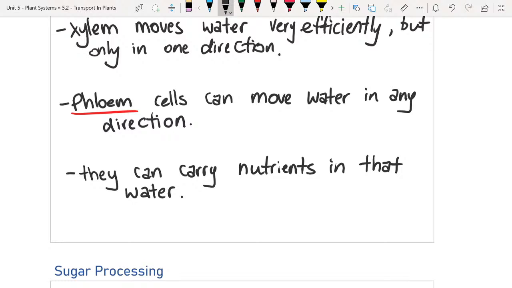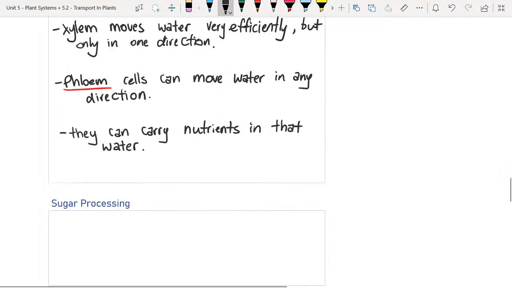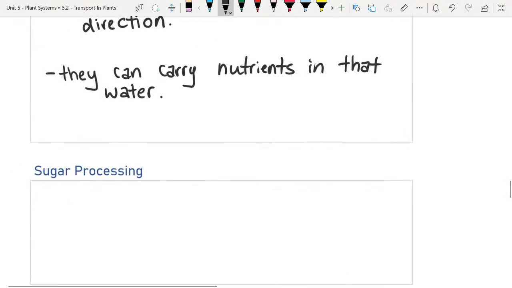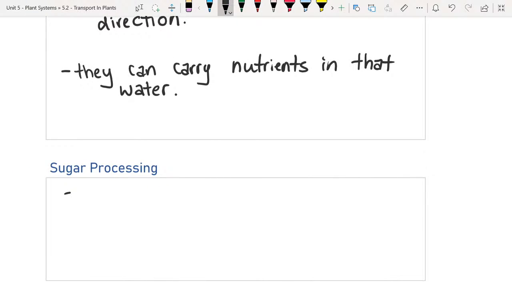And they can carry nutrients in that water. The most common thing we think of them moving is sugars produced by photosynthesis.